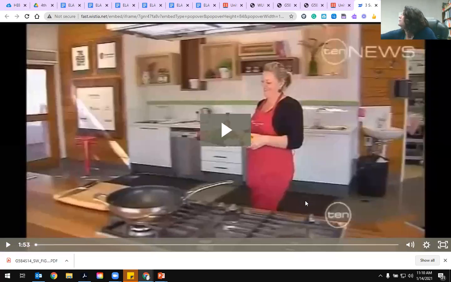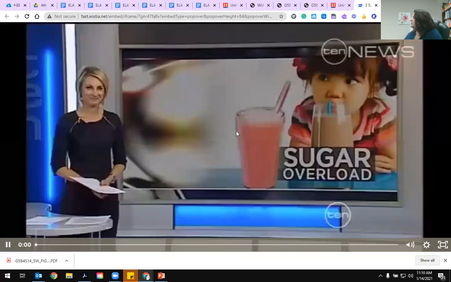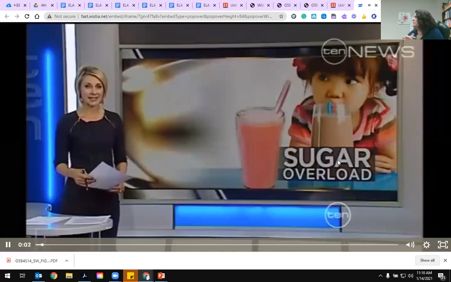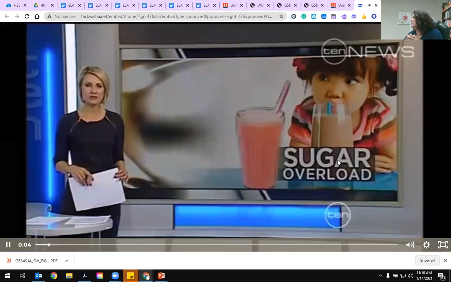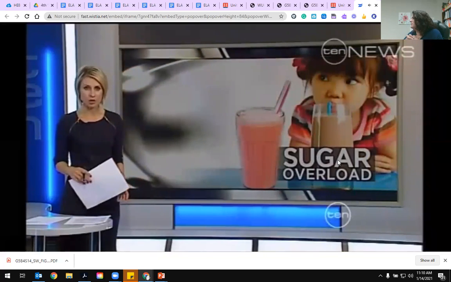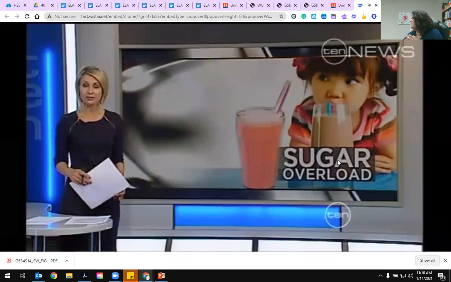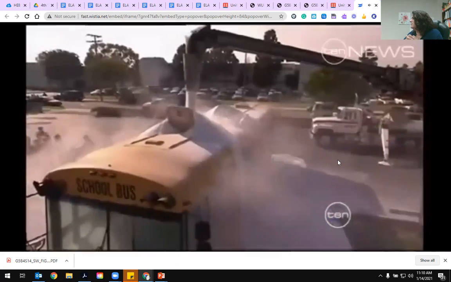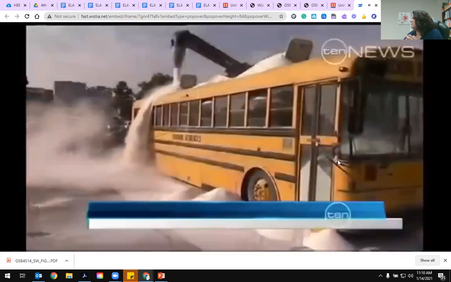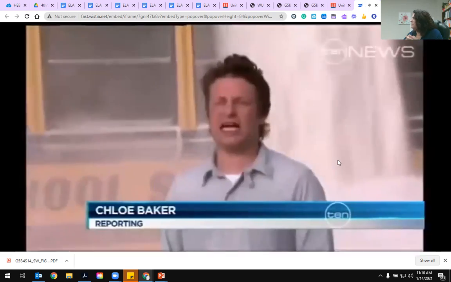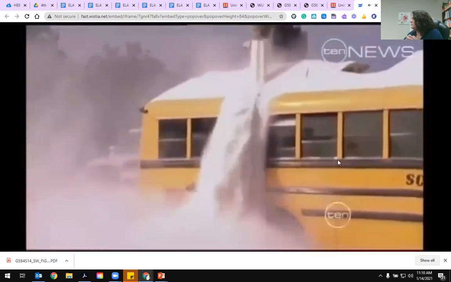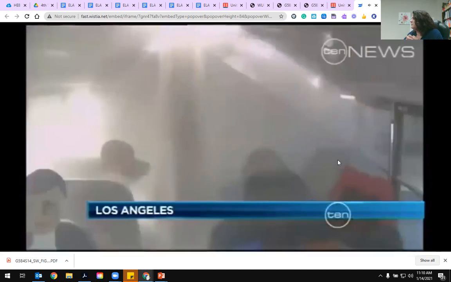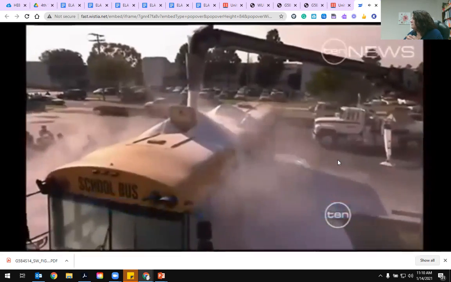Well, Jamie Oliver's had another win. He's convinced schools in Los Angeles to stop serving flavoured milk. Some have more sugar than soft drink. This is the amount of sugar American children consume each week just by drinking flavoured milk. The sugar is still coming and it ain't stopping.